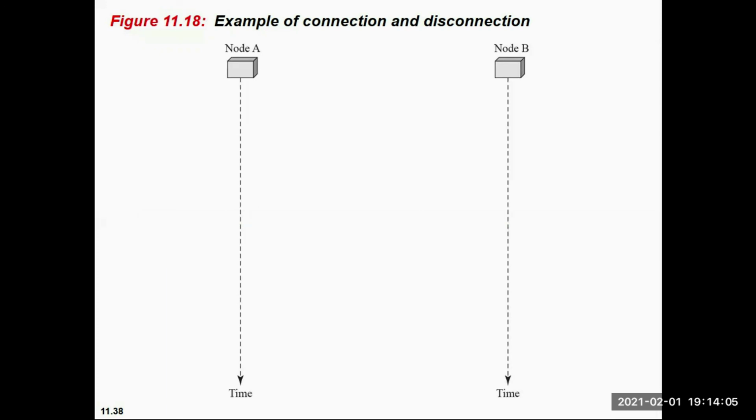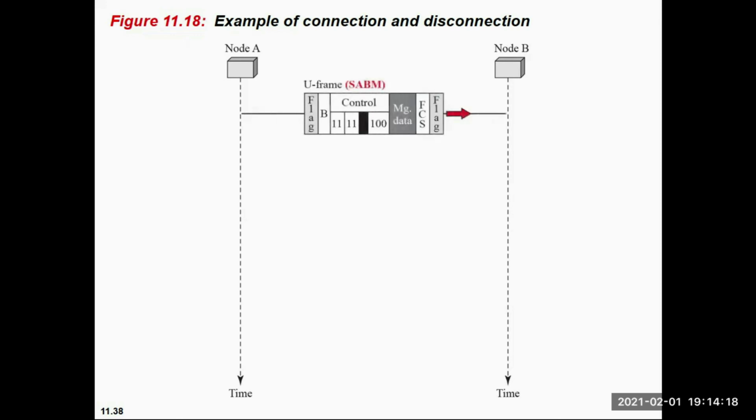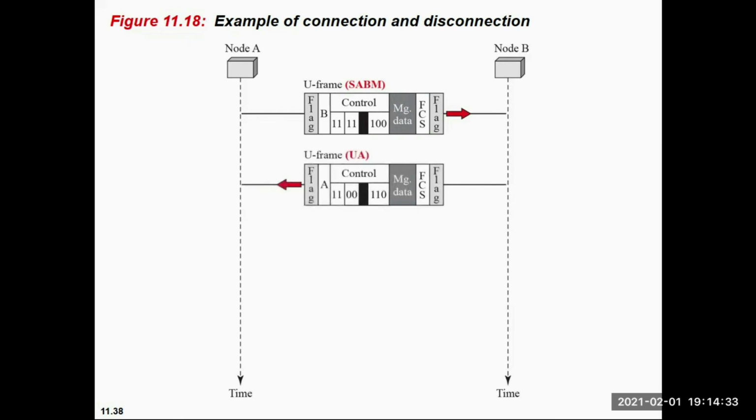The first step will be node A asks for a connection with a set asynchronous balance mode frame. The second thing that happens is that node B gives a positive response with an unnumbered acknowledgement frame. Now, after these two exchanges, data can be transferred between the 2 nodes.